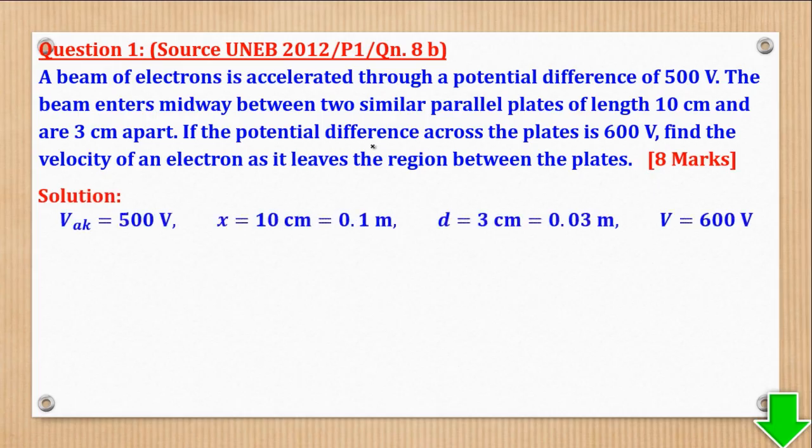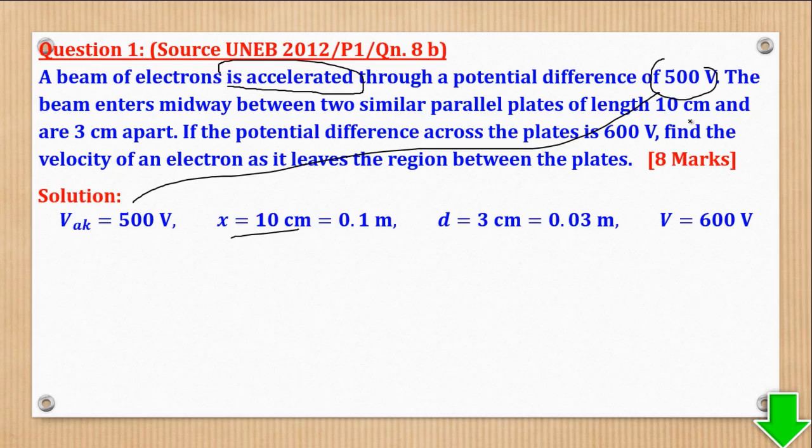So we shall first interpret the question. This 500, remember there are two PDs, but you can see the word accelerated, meaning this is the accelerating PD. That is why you write it as VAK. Then X, remember X in our diagram denoted the length of the plates.